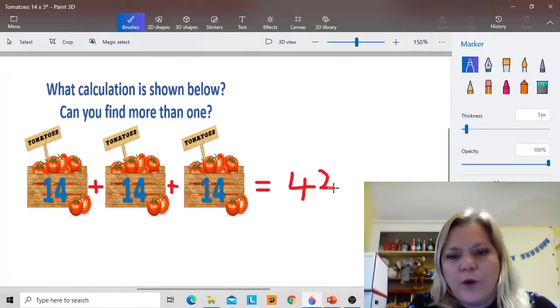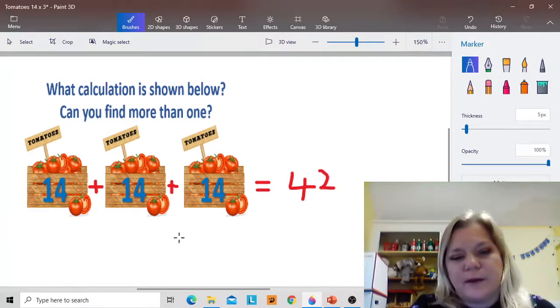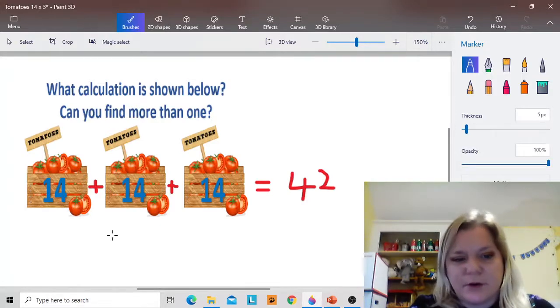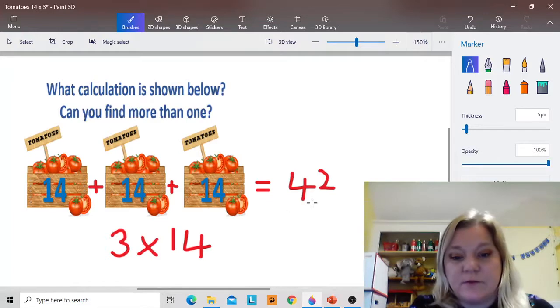But I wonder whether any of you managed to find a different way of representing 14 add 14 add 14. You could, because we've got 3 boxes of tomatoes, you could have had 3 lots of, or multiplied by 14. And the answer is still 42. So it's 2 different ways of representing the same calculation. I wonder if you got that.